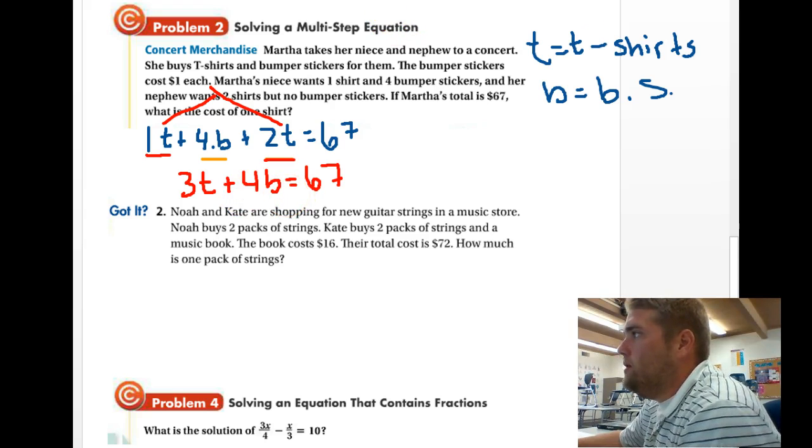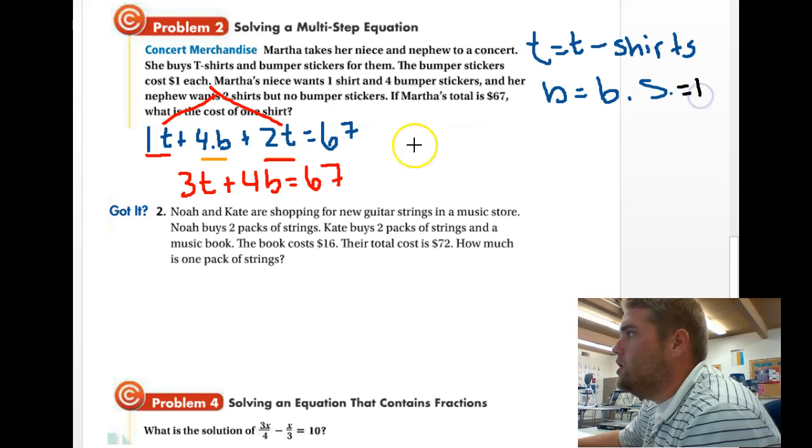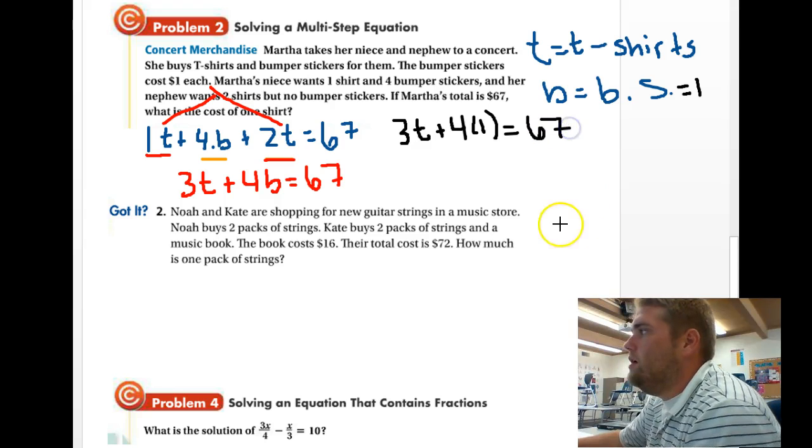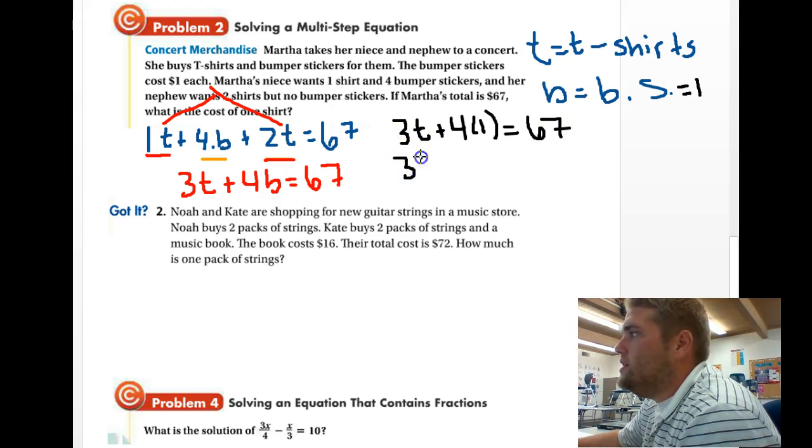Then the problem told me that bumper stickers cost $1. So instead of writing b, I'm going to write $1. So now I have 3t plus 4 times 1 equals 67. What's 4 times 1? 4.